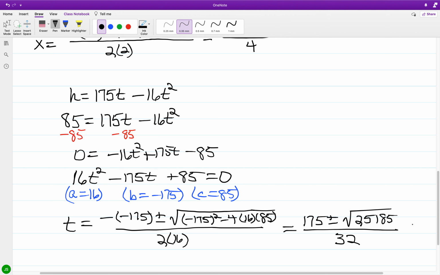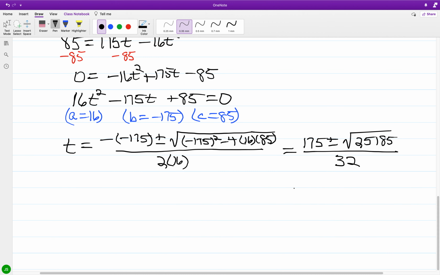Now we're not looking at reducing the radical. So on the plus side, we have 175 plus the square root of 25,185, all over 32, taking that sum and dividing by 32.